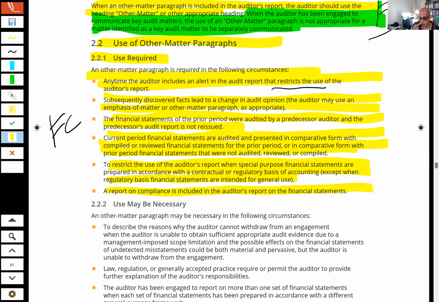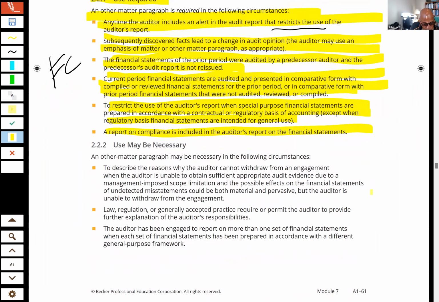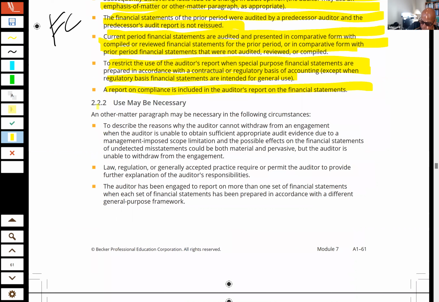When we are going to be required to include the other matters paragraph, they say there are times that it may be necessary to provide it. Let's go ahead and flashcard these because they are a little bit weird: to describe a reason why the auditor cannot withdraw from an engagement, or when law, regulation, or generally accepted practice requires or permits the auditor to provide further explanation of the auditor's responsibilities.